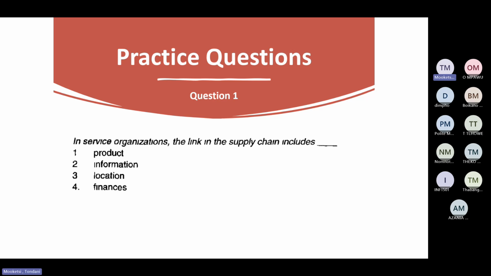I'll give you a minute to just think about that and then you select your answer. Option 3 is location. So what is the link in the supply chain?